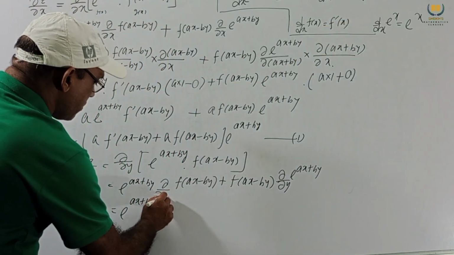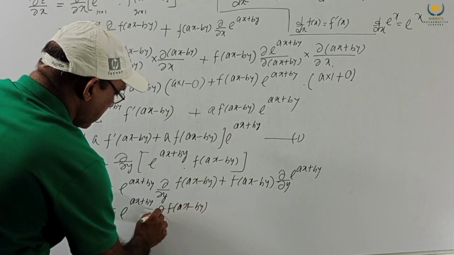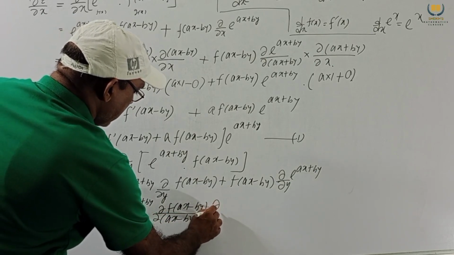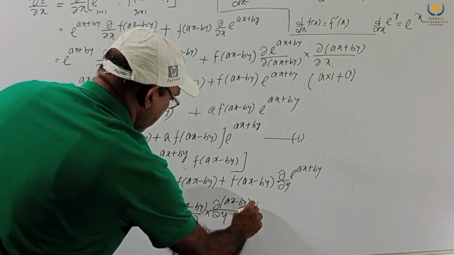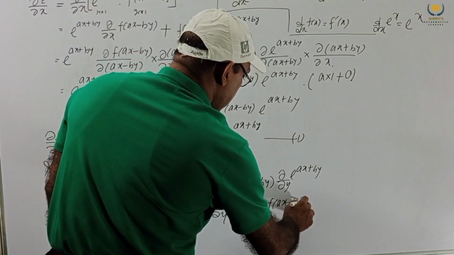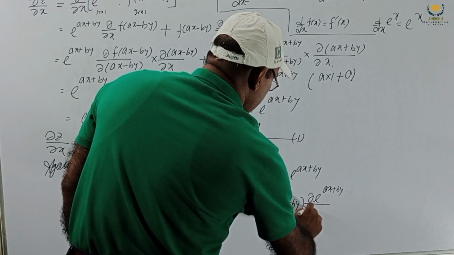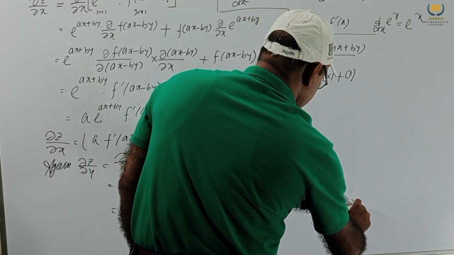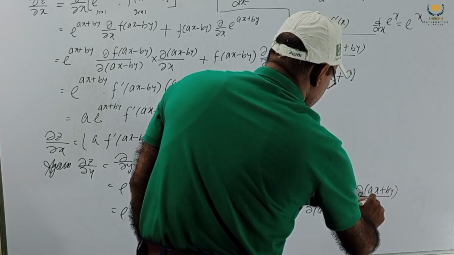So using chain rule we get del f of ax minus by, this is del (ax minus by) into del (ax minus by) del y, plus f of ax minus by into del e to the power ax plus by, del (ax plus by), into del (ax plus by) del y.